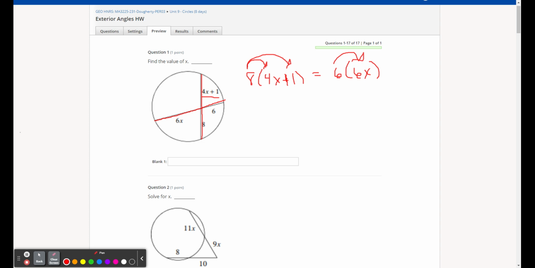And then once you go back to substitute it in, because it asks for ST, you want to add these pieces up. So this segment is 8. And this segment is x plus 4. So once you solve this to get x, you need to substitute in here. And then to get ST, it's 8 plus x minus 4.